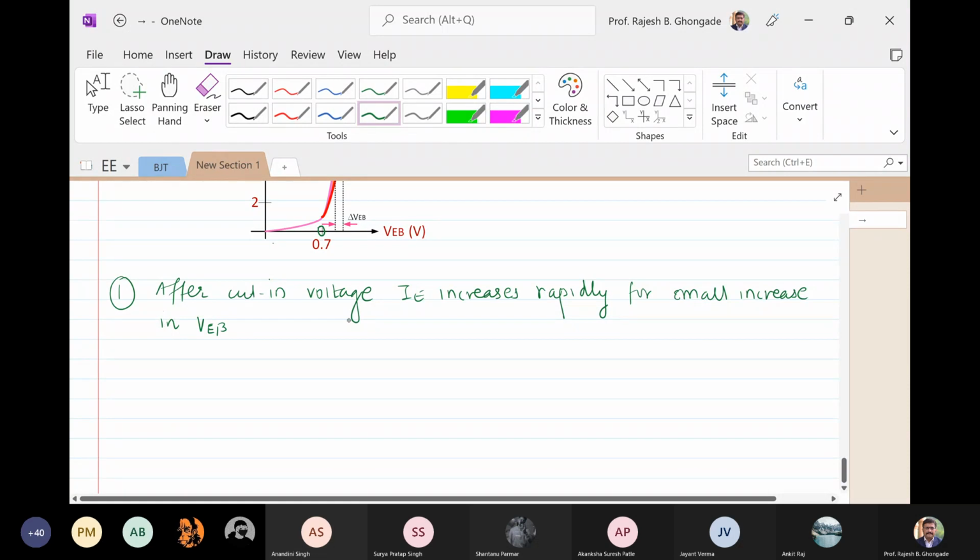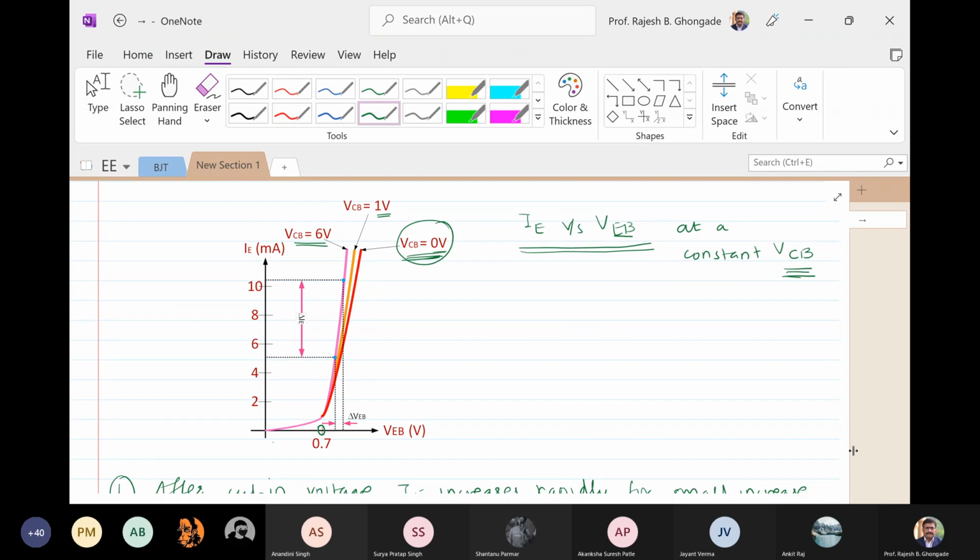So it means that, okay, can I find out the input resistance? Is it possible for me to find the input resistance in this part of the curve? Guys, input resistance का मतलब क्या हो गया?